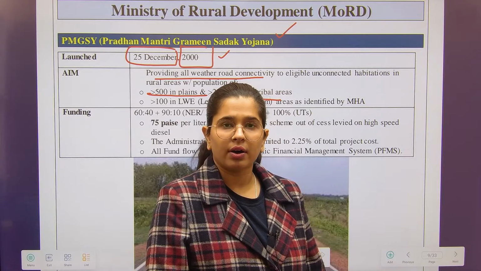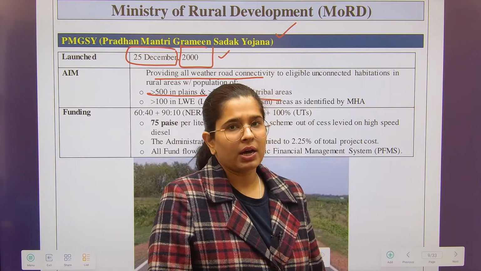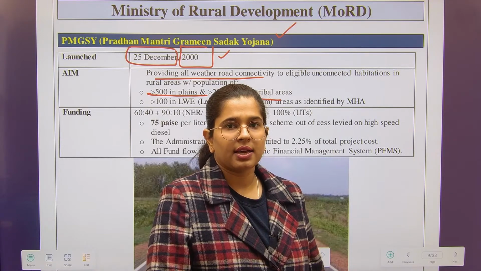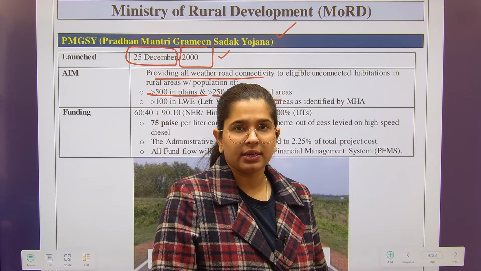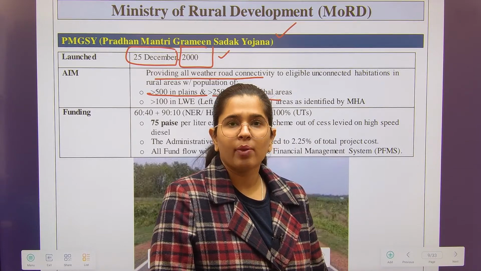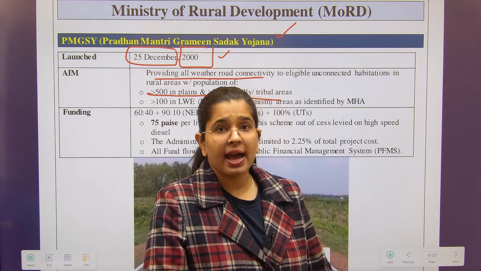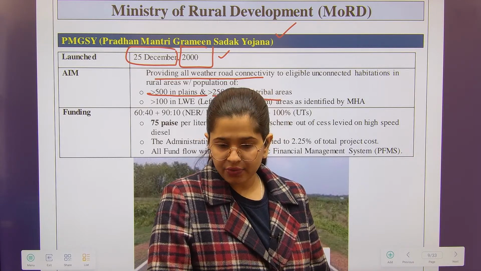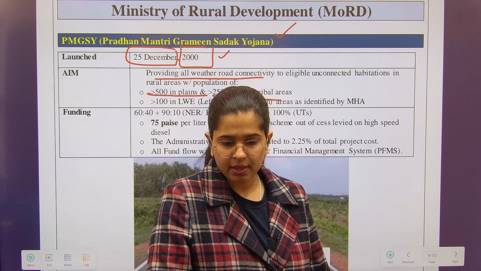Let me tell you with the perspective of this particular scheme. So the eastern part of our country, that is a small part of Jharkhand, a larger part of Chhattisgarh, as well as a small part of Odisha. Apart from it, a small part of Kerala as well is affected by left-wing extremism, right?